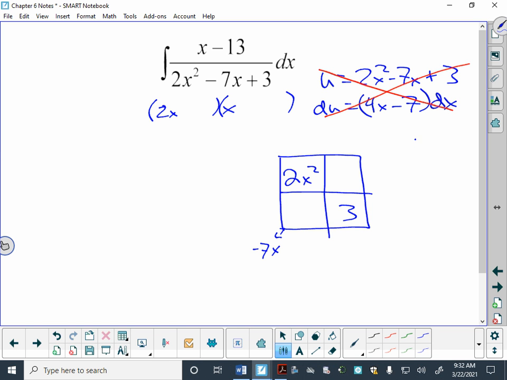So when I multiply them together, they have to give me a 6x squared. When I add them, they have to give me a negative 7x. So the question is, what do I multiply together to get 6, but add to get negative 7? Now, it's got to be a negative 6 and a negative 1.